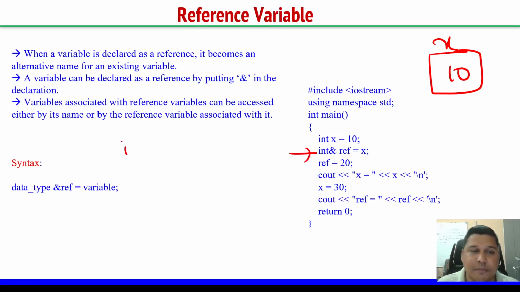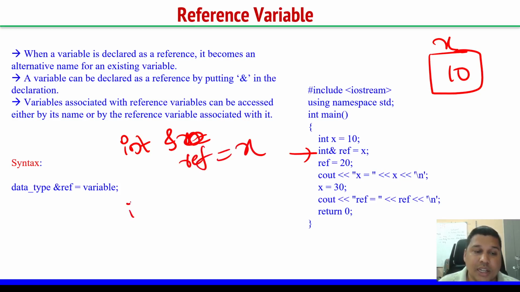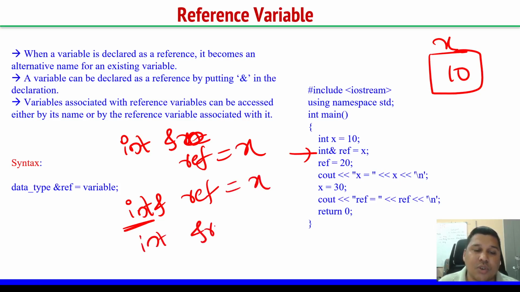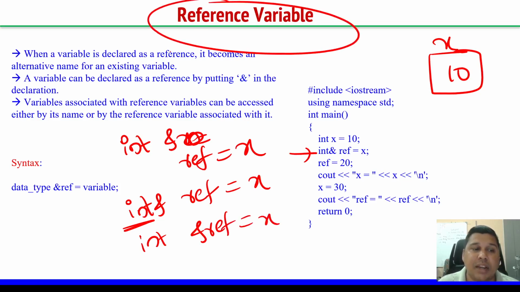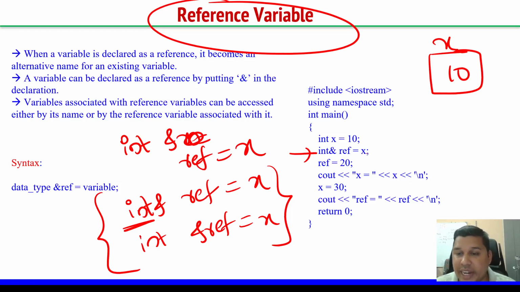You can give ampersand here along with int, or you can give it here also, right? So when you are creating a reference variable, you can use any of these schemes. Anyway, you can declare it like this.